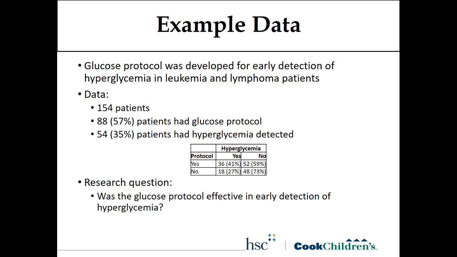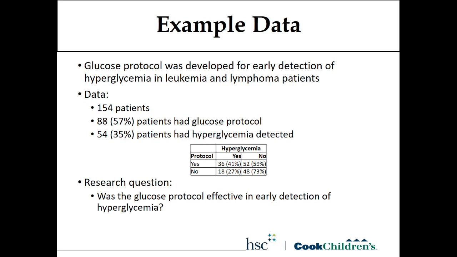There are 154 patients, 57% had the glucose protocol, and 35% developed hyperglycemia at some point, and you can see this cross tabulation. Just eyeballing, you can see the protocol group is maybe a little bit more likely to have hyperglycemia. You have to test that statistically, of course.